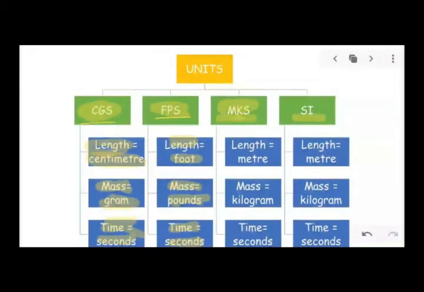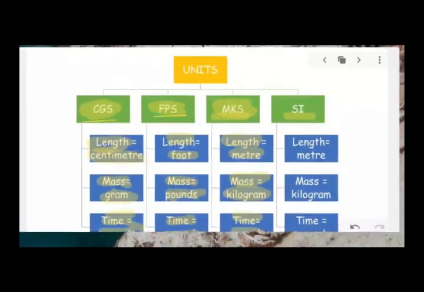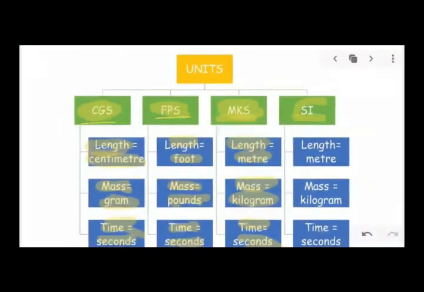Next, in the MKS system, we measure length in meter, mass in kilogram, time in second. And finally the SI system, length in meter, mass in kilogram, time in second. We generally use the SI system for numericals, and this is the standard unit.